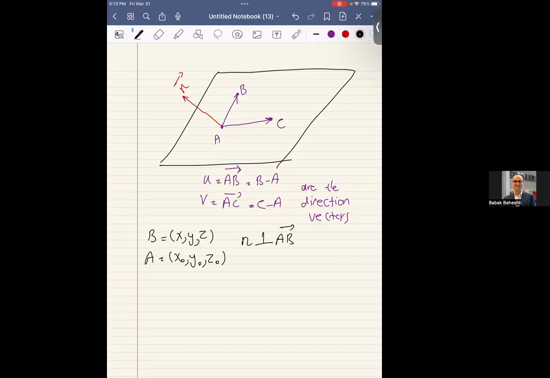But AB is just X minus X0, Y minus Y0, and Z minus Z0.